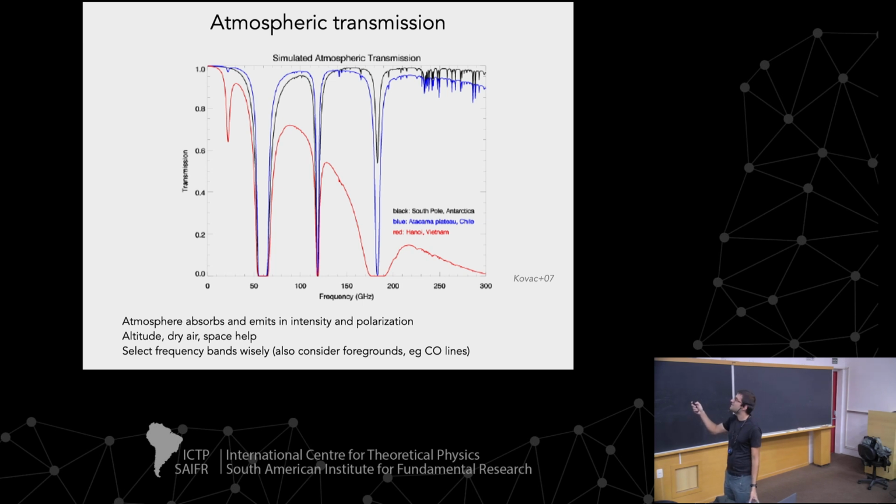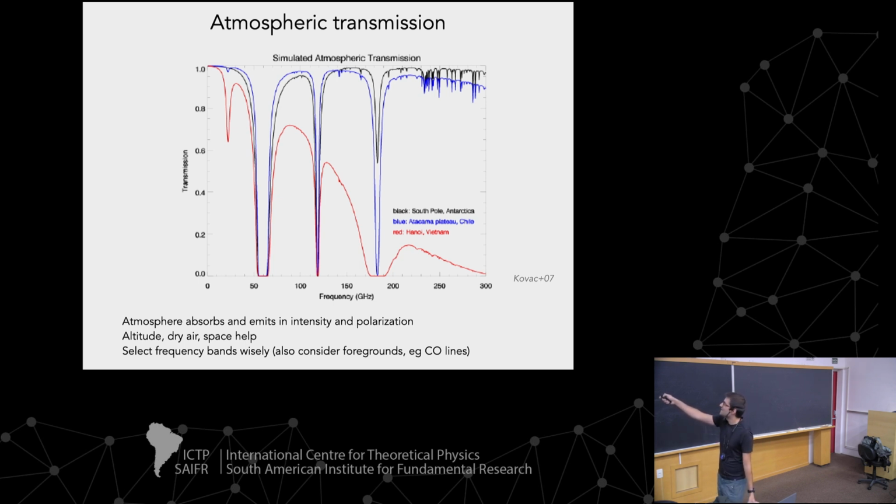The other thing you can see is that regardless of where you are, there are some frequency ranges, frequency bands, where basically the CMB will be absorbed, and so you can't efficiently observe in these windows. That might explain why the CMB frequency bands are chosen the way they are: you have to put your frequencies where you can.